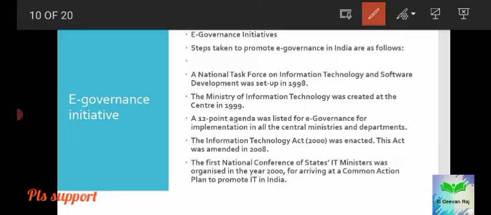The first National Conference of States IT Ministers was organized in the year 2000 for arriving at a common action plan to promote IT in India. So, a national conference of the IT Ministers of various states was organized to plan and promote IT in India.